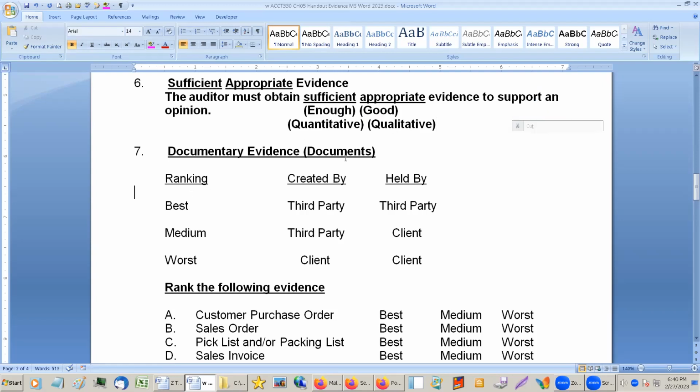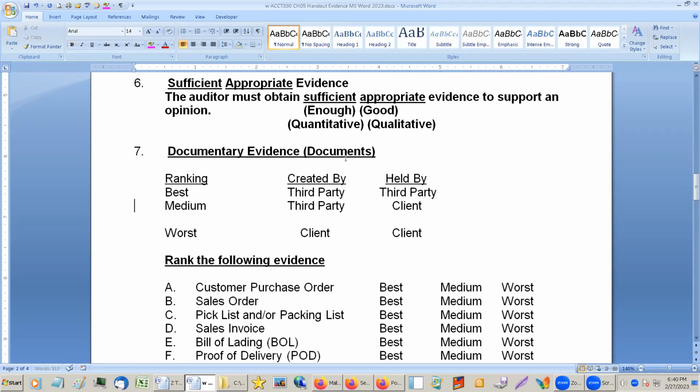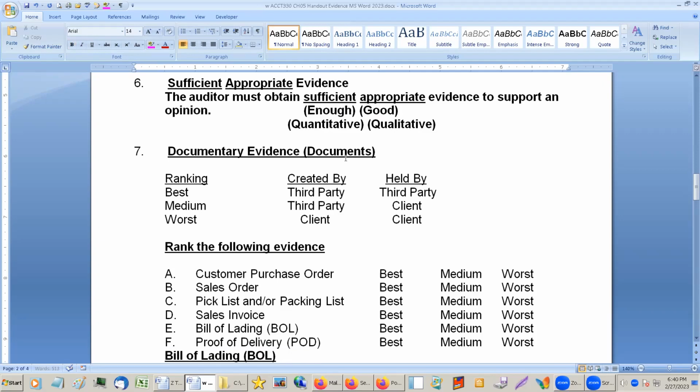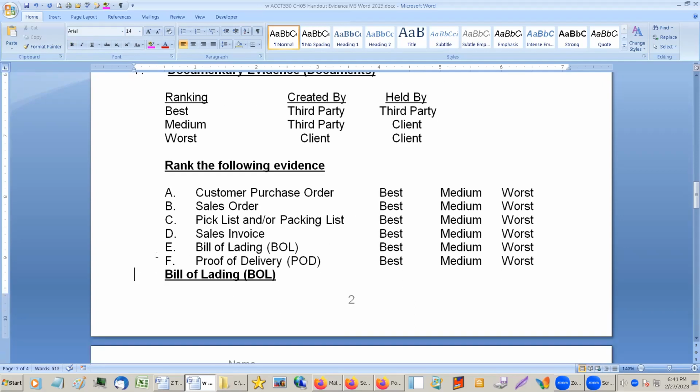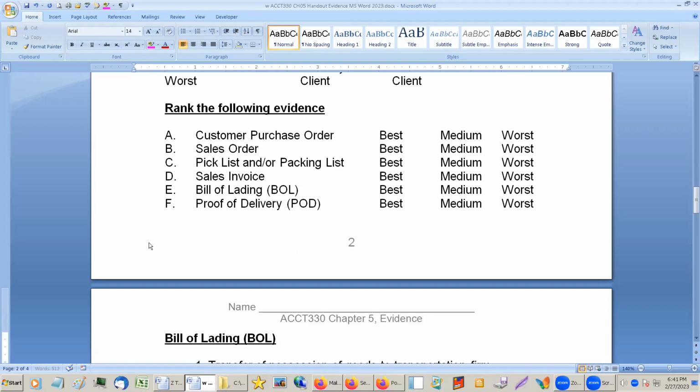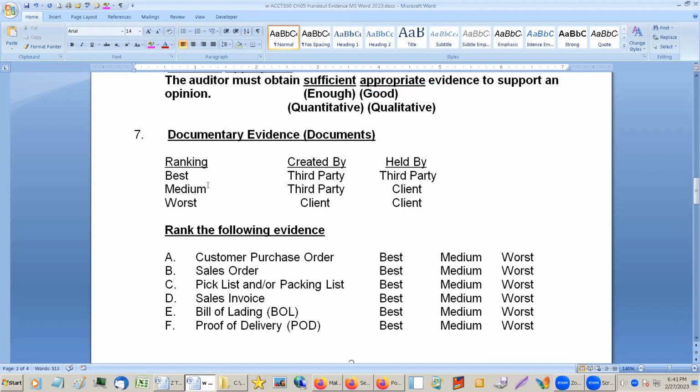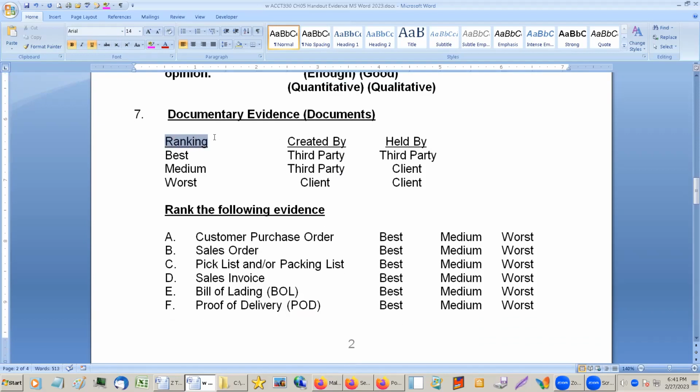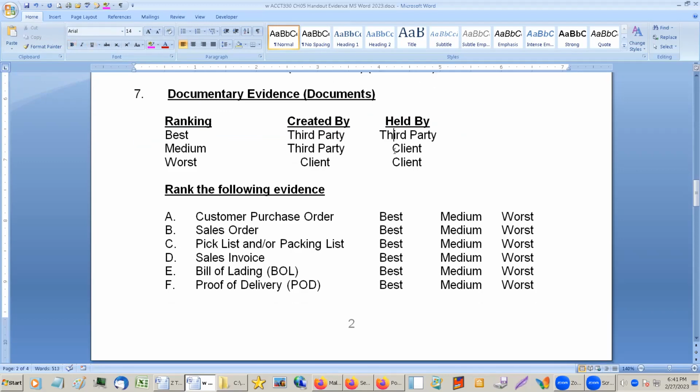Okay. Documentary evidence, documents, and we have rankings for those. And the rankings are dictated by who created it and who is holding it.